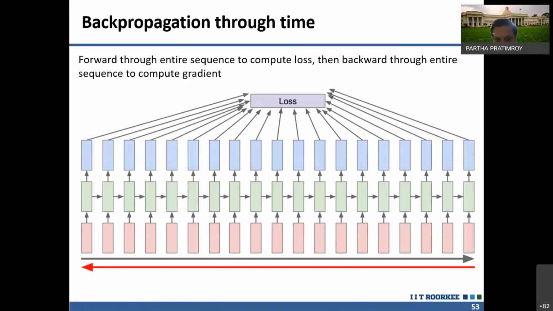You have this y function's outcome, you compute the loss, and this loss will adjust all the weights in the backward process.